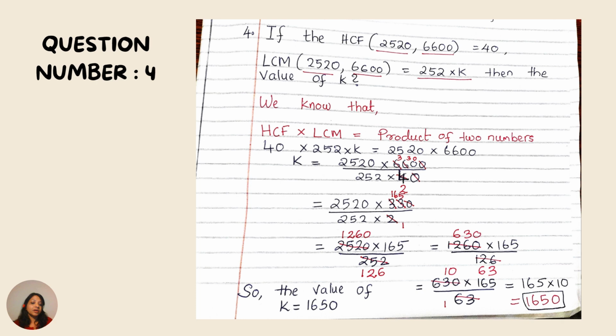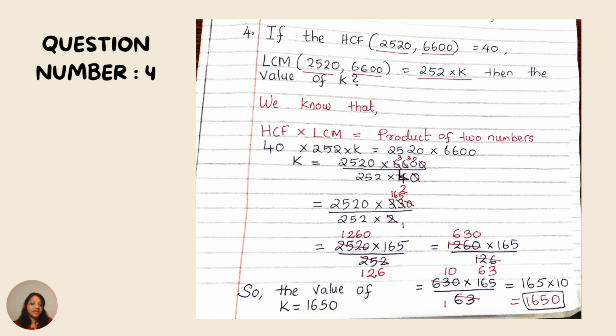This time, most of the children are going to multiply the numerator, so you will get a big number. In that case, maybe you will make a mistake. So in that case, you can reduce the numbers in each step. See, 6600 and 40, you can divide and make it simple. Simplify in each step.